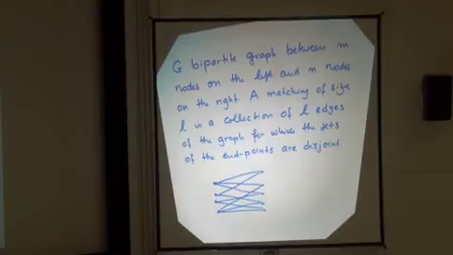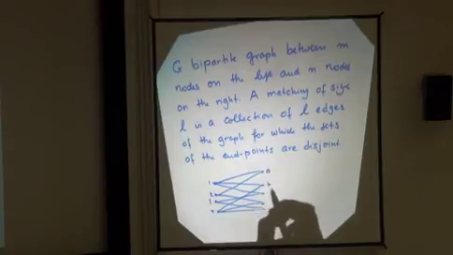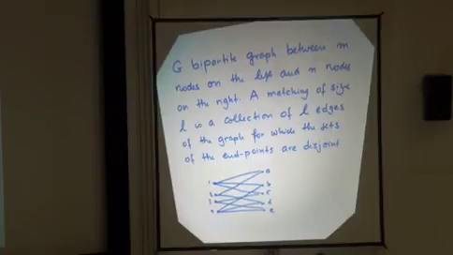What's a matching of size 1? Just an edge. An edge is a matching of size 1. So that's clear. Can you give me a matching of size 2? So let me write down the names here. 1, 2, 3, 4. A, B, C, D, and E. Can you give me a matching of size 2?